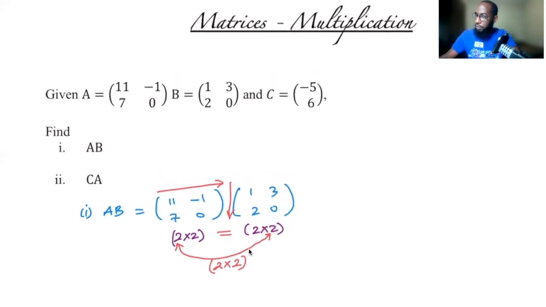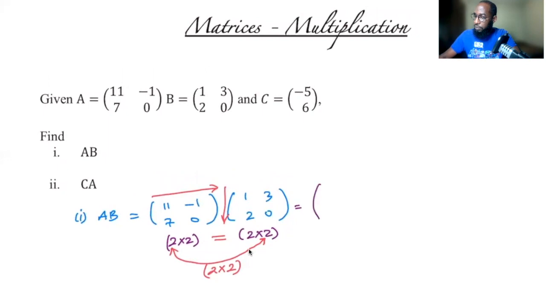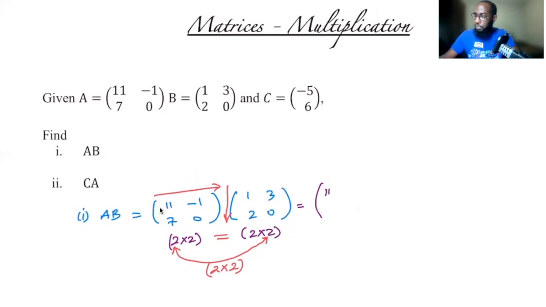So I have here, so remember row by column, that we are going to get this position here. So I have 11 by, so the first number with the row, you're multiplying that by the first number with the column.